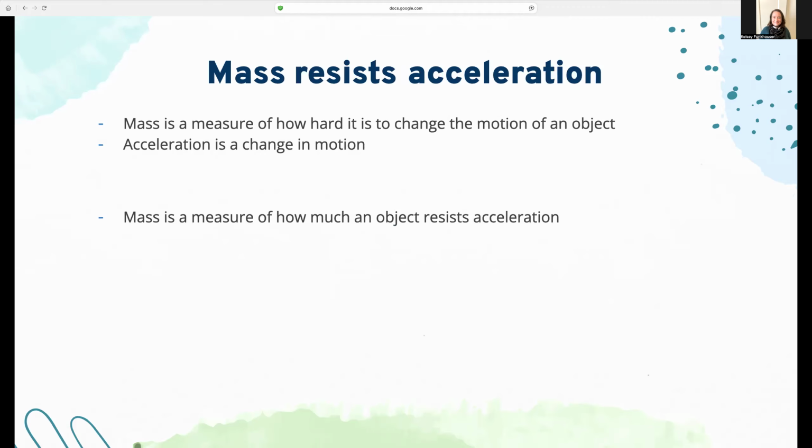Mass is what resists acceleration, or resists changes in motion. Mass is a measure of how hard it is to change the motion of an object, and acceleration is that change in motion. So we can say that mass is a measure of how much an object resists acceleration. Because again, acceleration is change in motion.